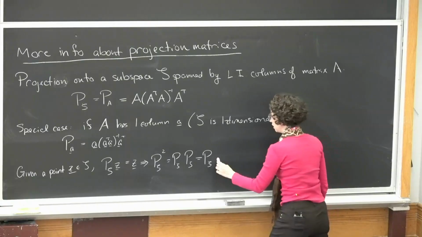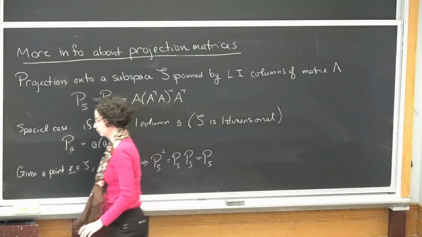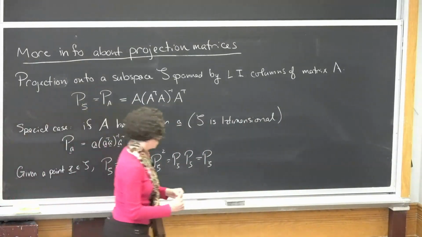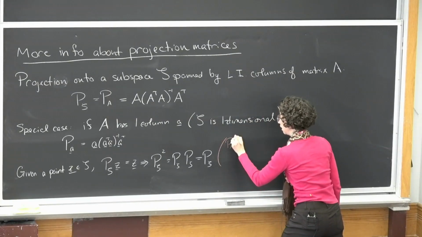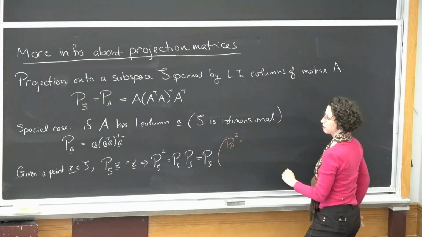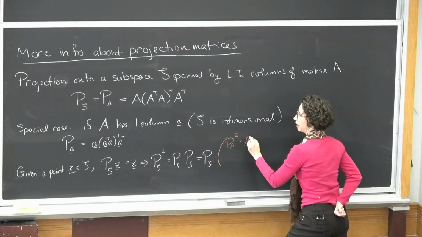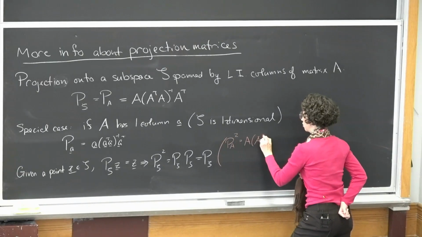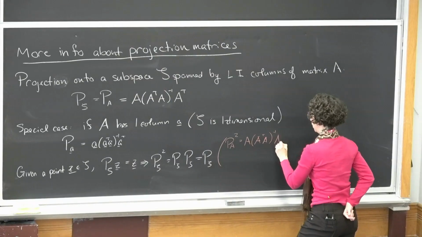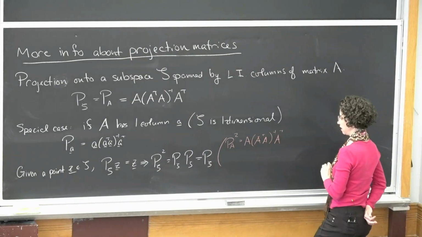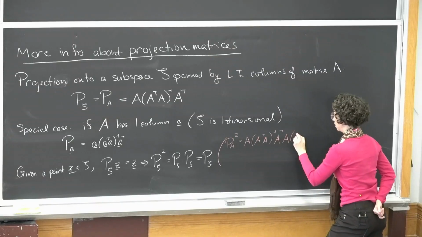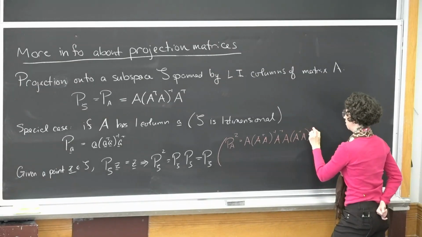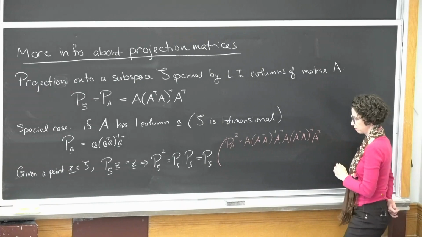But we can also see this just algebraically. In particular, we could compute P_A squared. So I just plug in my formula here. I get A times (A transpose A) inverse A transpose. That's my first P_A. And then my second P_A, I'm going to have A times (A transpose A) inverse A transpose.